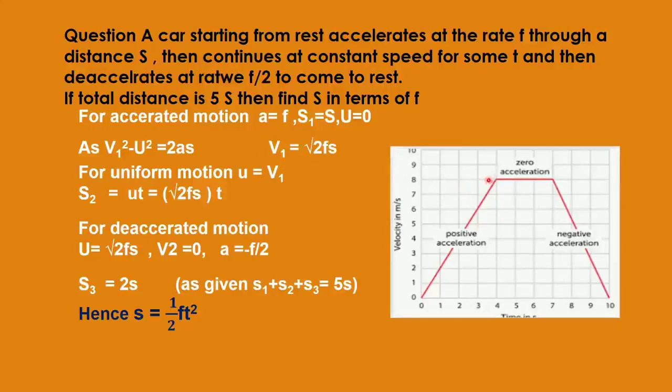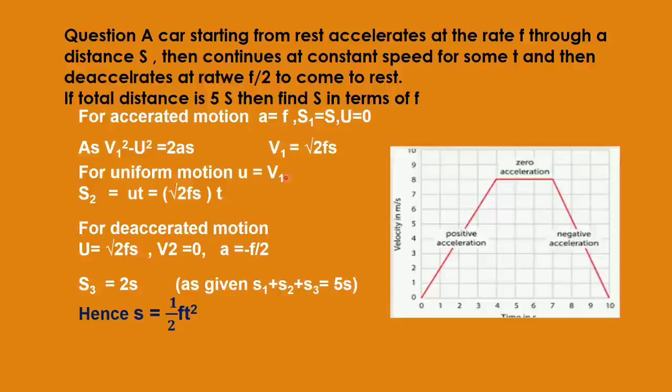Now with this velocity it is having constant or uniform motion. So velocity for the uniform motion is equal to v1, which is root 2fs. So distance travelled s2 will be given by velocity into time, so root 2fs into time t, they have said t time.